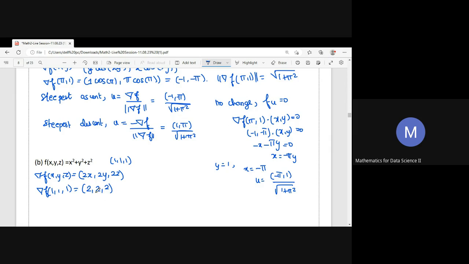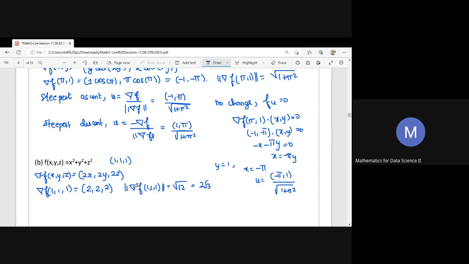Now you want to find the norm of this vector. Square root of 12, right? 2 squared into 3, which is 2 root 3.